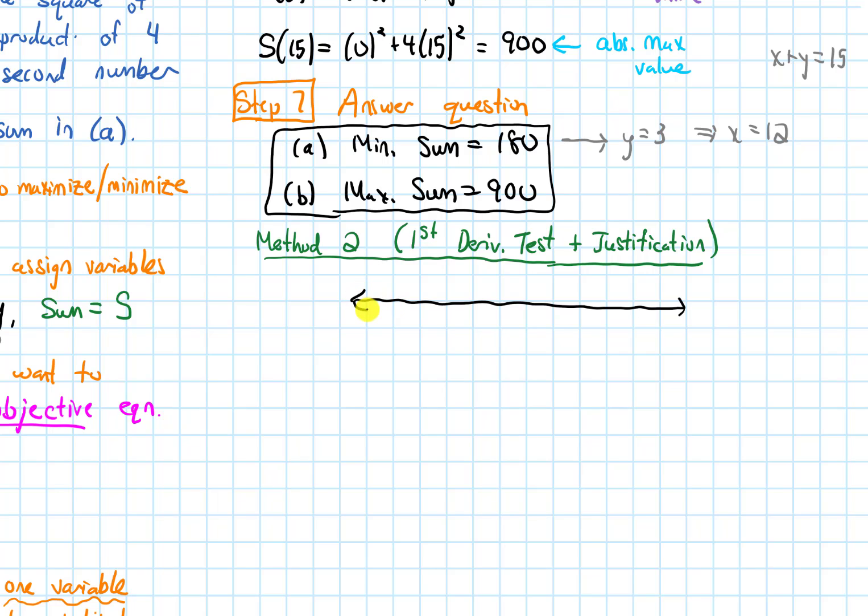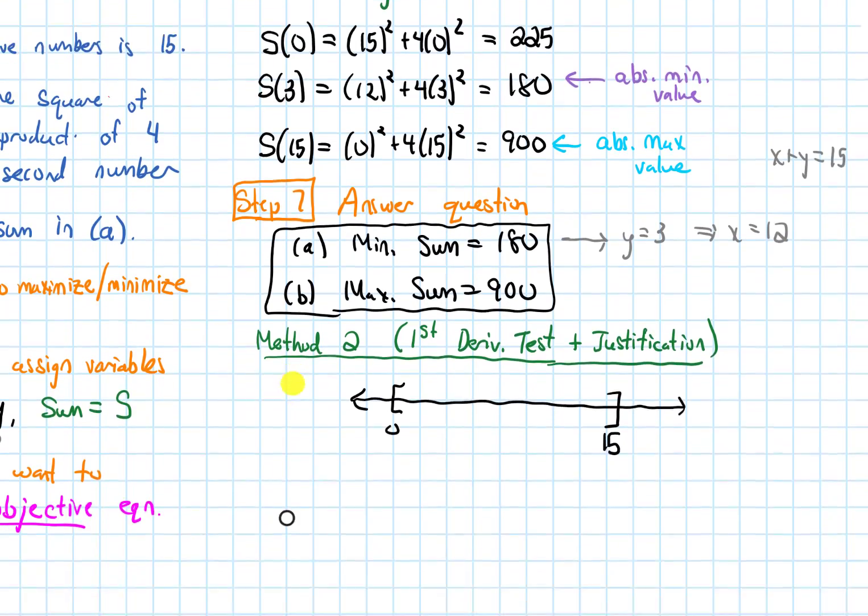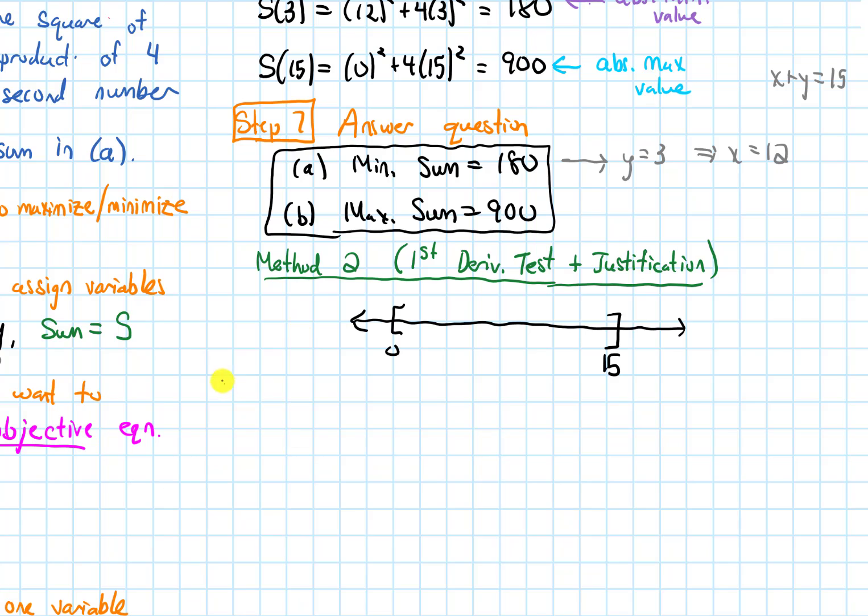In this case, remember my interval for y is limited to the values between 0 and 15. So I don't want to bother plugging in things that are less than 0 or bigger than 15 just because y can't be outside of this interval. Okay, and I need to keep track of the sign of my derivative, which, remember, was 10y minus 30.